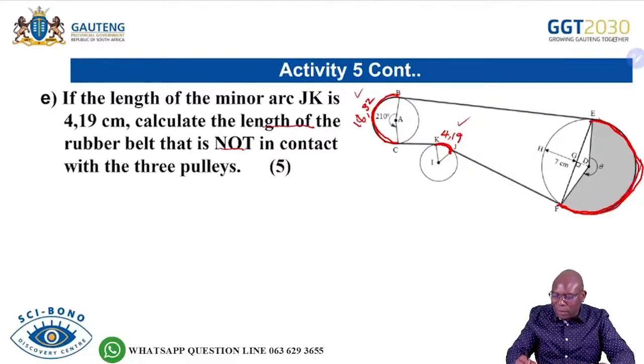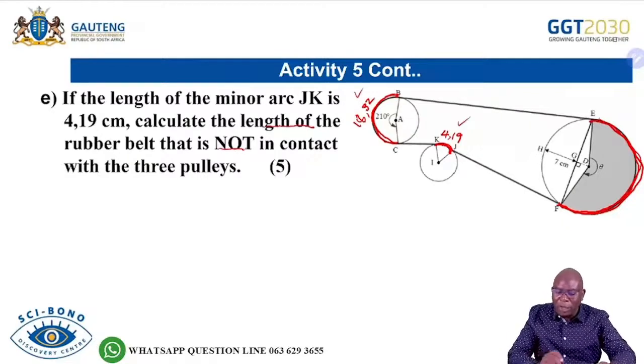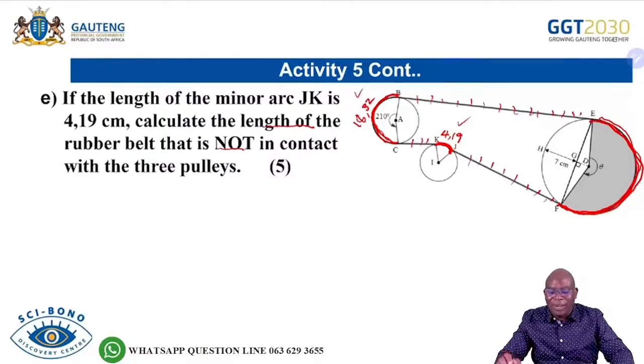If I can get this part, then the length of the whole belt, remember, it is 140. So I'm going to remove this part, this part, and this part. Then I have the length of the belt that is not in contact with the pulleys. Okay. Hope that is clear.